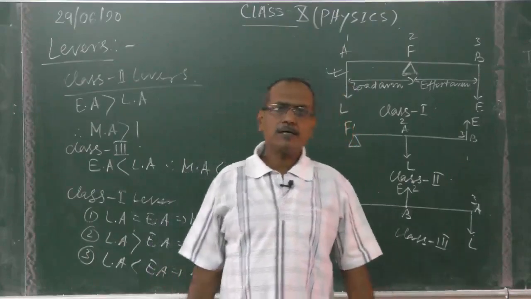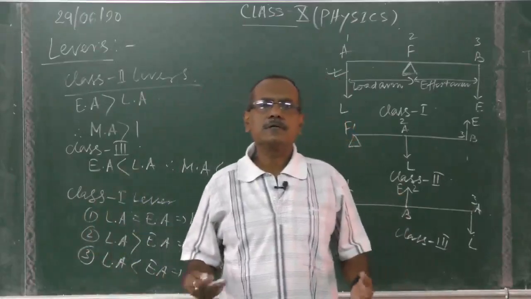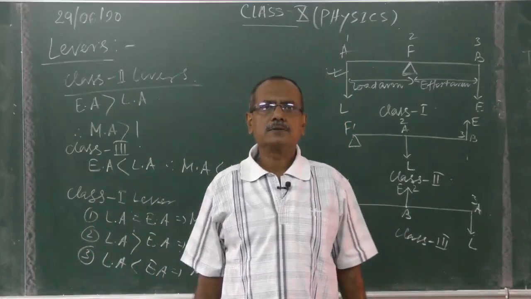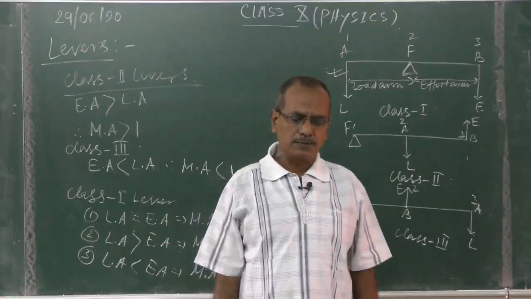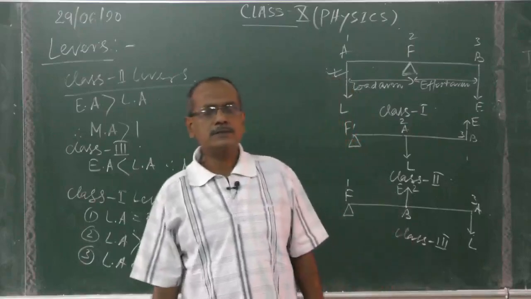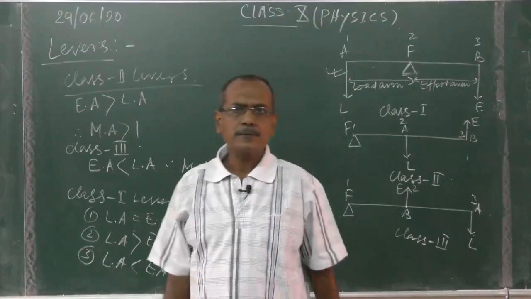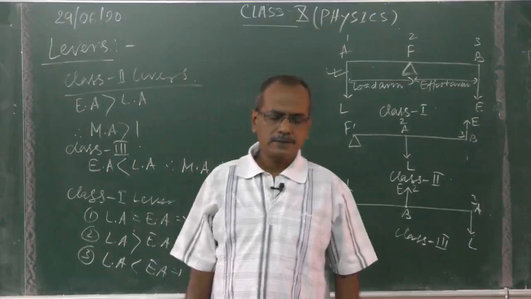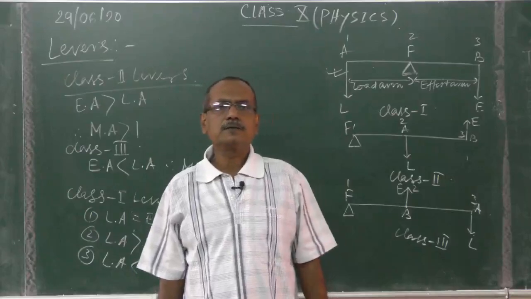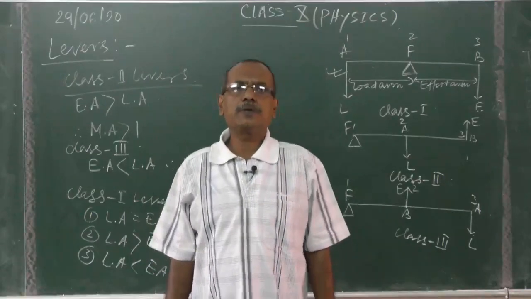Now our body parts are also working as different types of lever. Nodding head, this is a class 1 lever. Now second case, class 2 lever: lifting our body on our toes in this way.